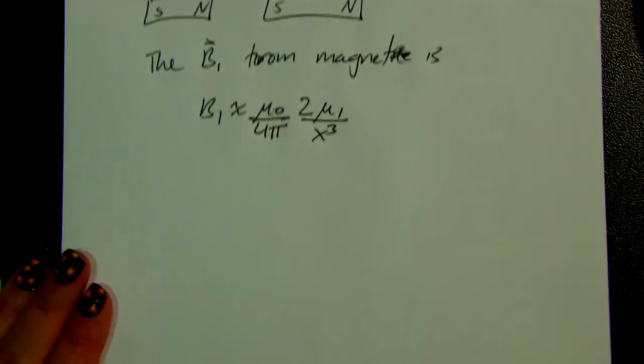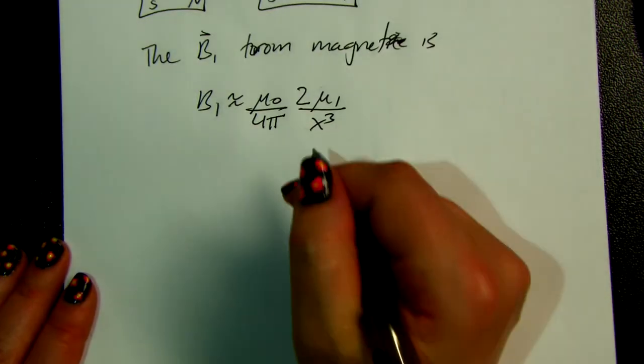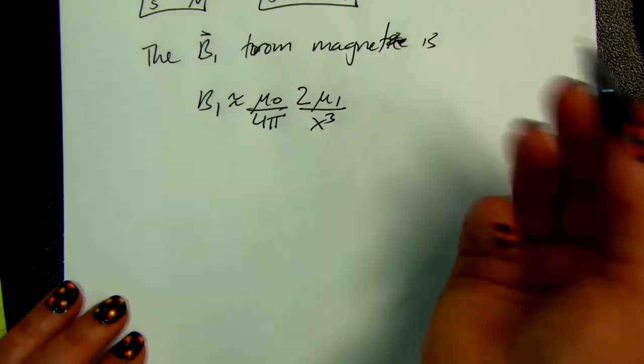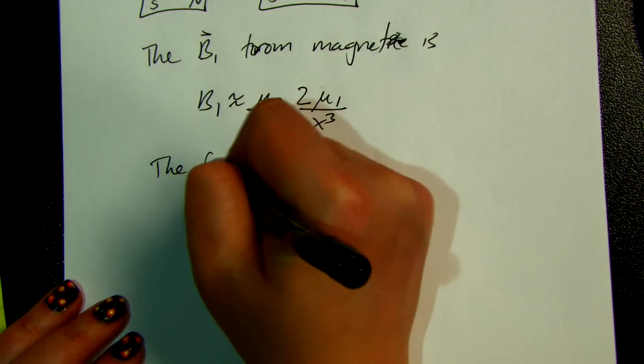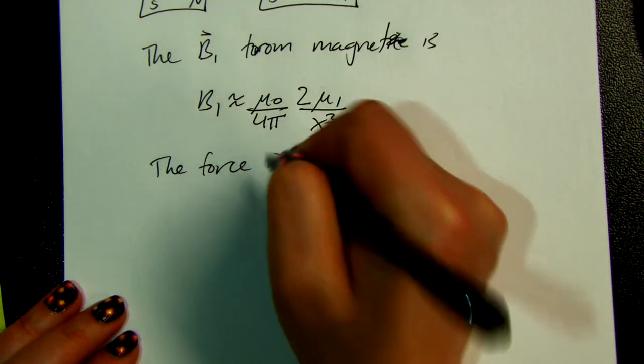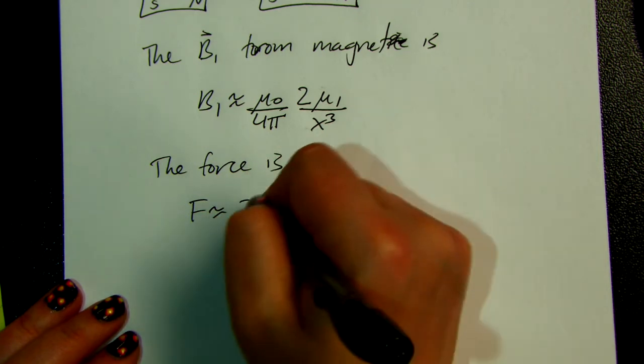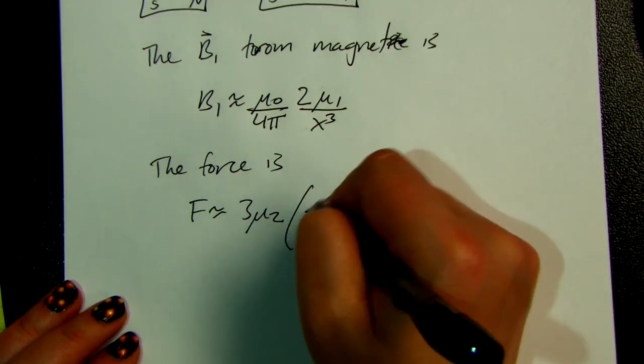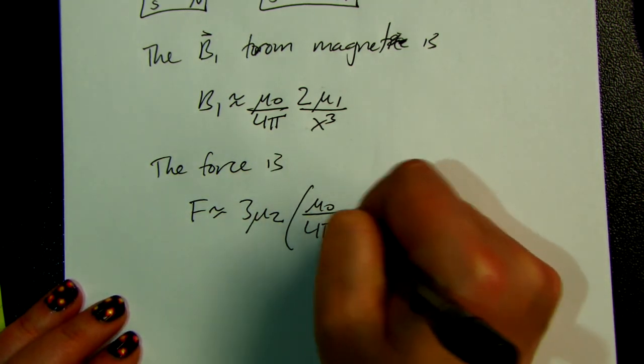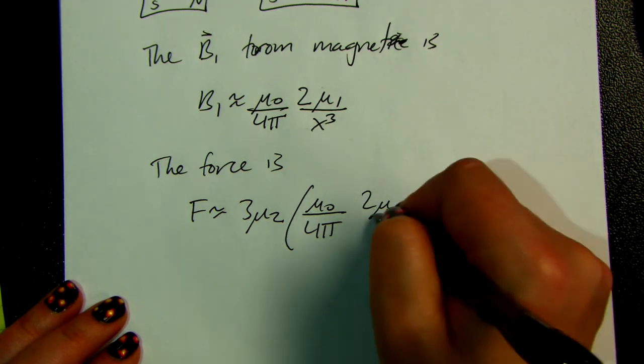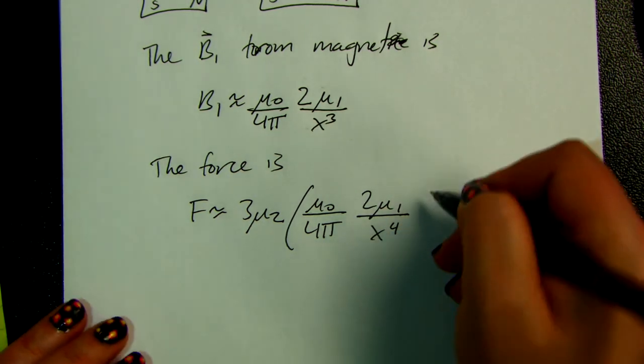So we've seen this result before. I believe it was chapter 17. And the force is approximately 3 mu squared mu naught over 4 pi, 2 mu1 over x to the fourth.